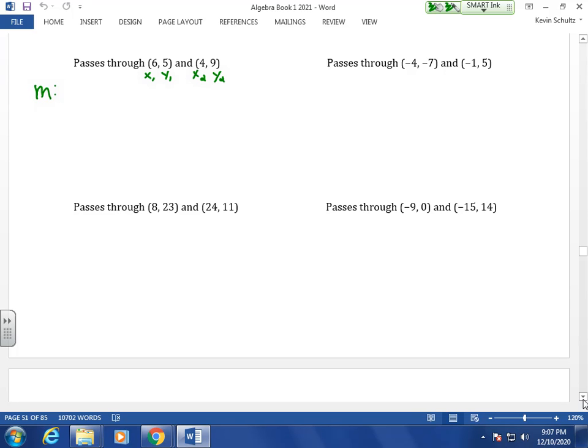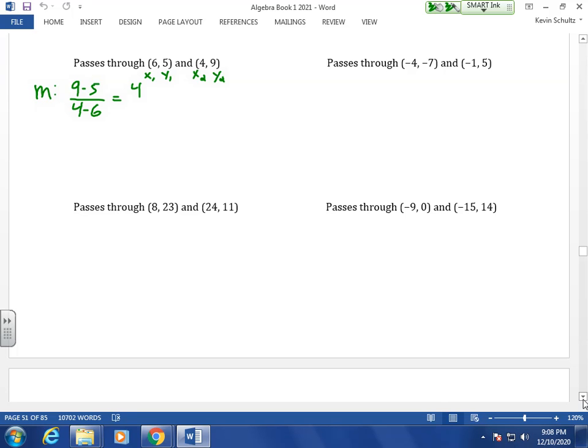You probably recognize me doing that. Label them x1, y1, x2, y2. And our slope formula: y2 minus y1, 9 minus 5, over x2 minus x1, 4 minus 6.